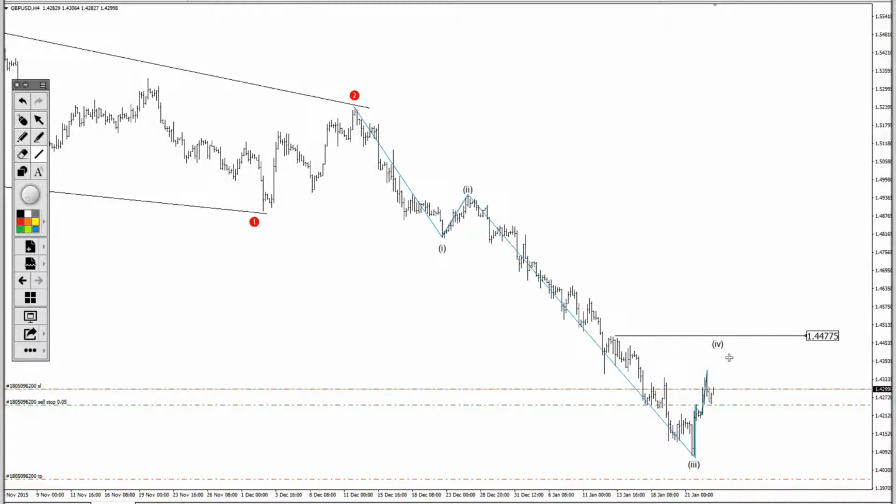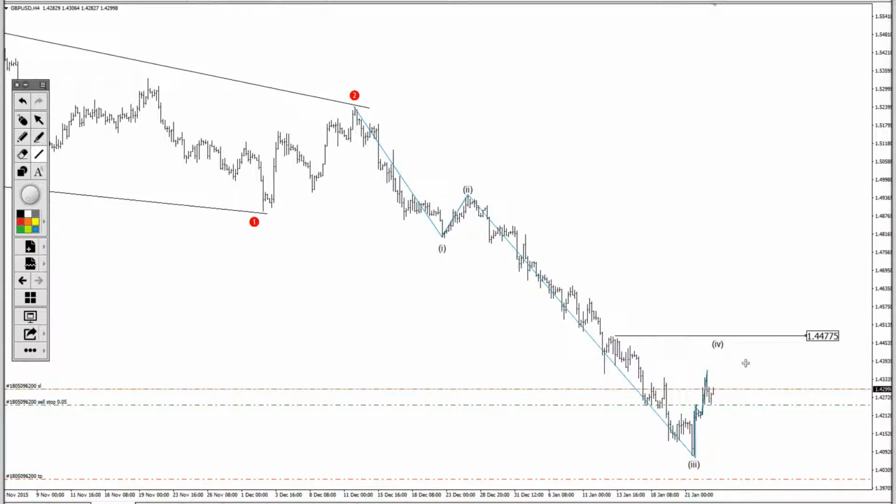I have marked the previous fourth wave high around 144.77, so we can maybe expect the correction to reach around those levels, but we have a satisfactory three-wave structure which can be already completed correction, and now we are waiting for the fifth wave to take us further down.